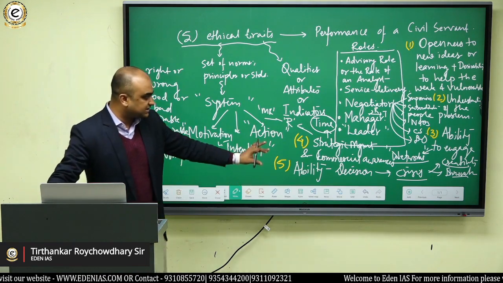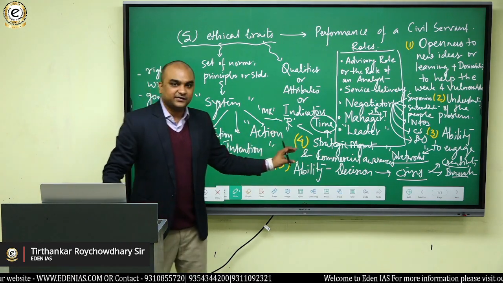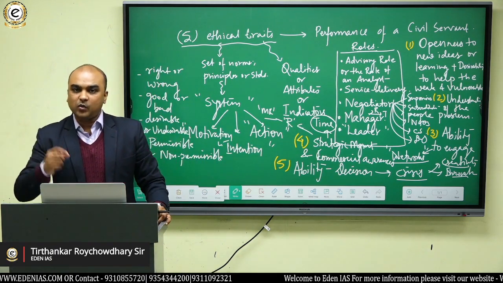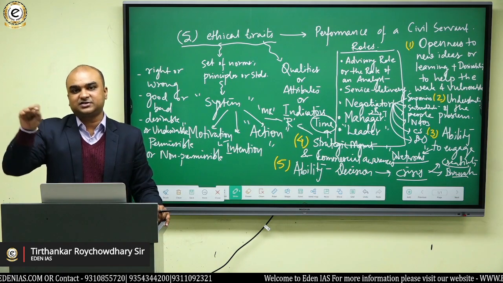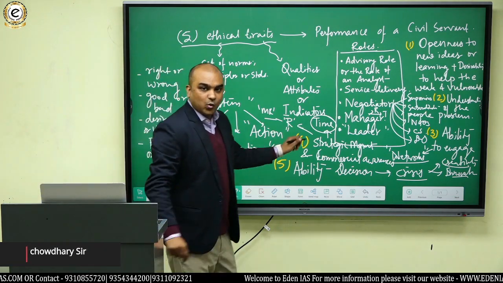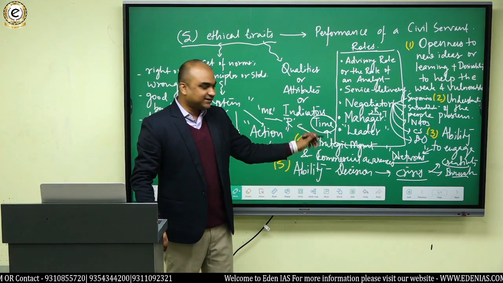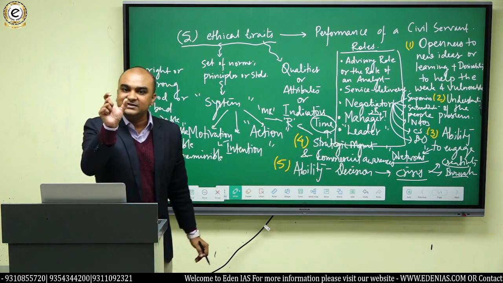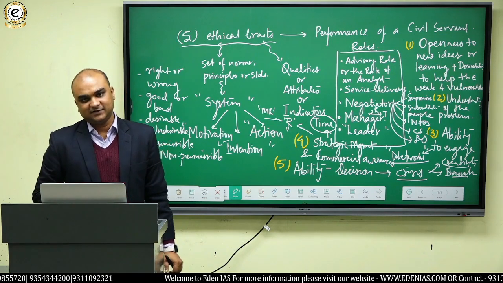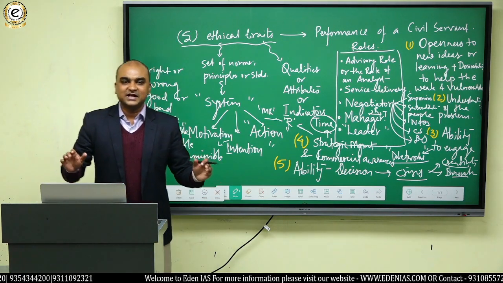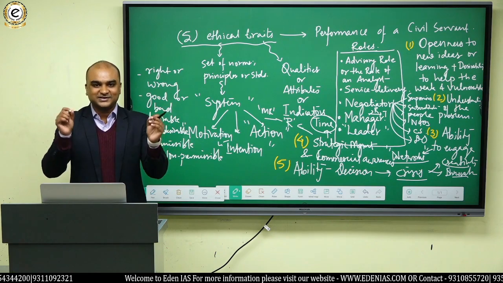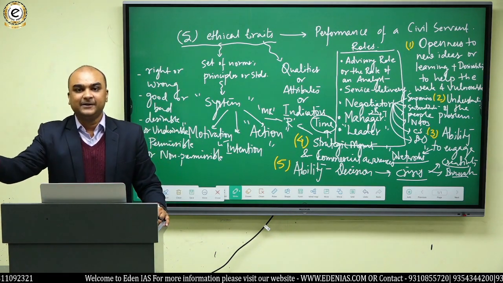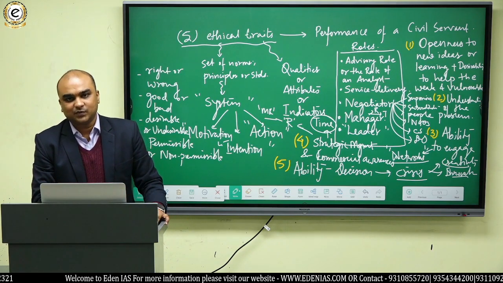Suppose there is a disaster kind of situation, suppose there is a pandemic kind of situation, how well a particular civil servant has managed the situation, or how well he has taken decisions under such crisis situation. This reflects the balance of mind of the civil servant. Do you understand that? And don't you think, friends, that balance of mind should be an important criterion while judging the performance of any entity? And why not in the case of civil servants then?